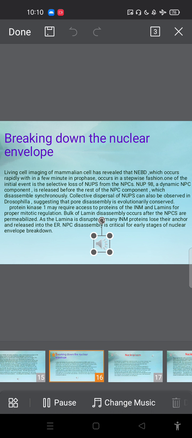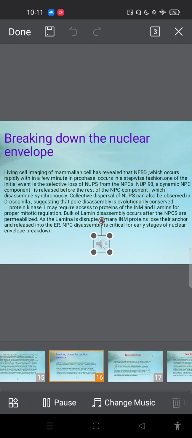NUP98, a dynamic NPC component, is released before the rest of the NPC components, which disassemble synchronously. Collective dispersal of NUPs can also be observed in Drosophila, suggesting that pore disassembly is evolutionarily conserved.